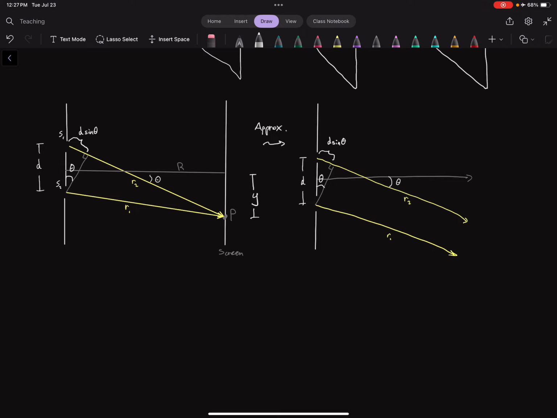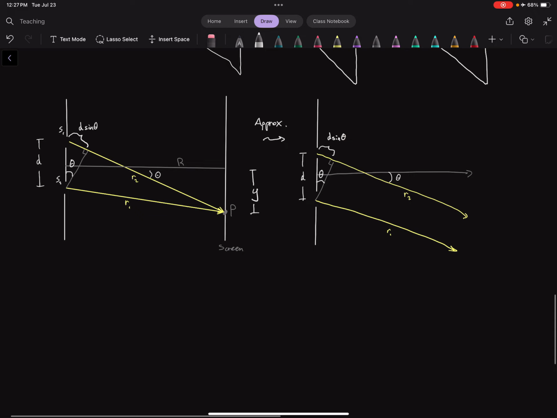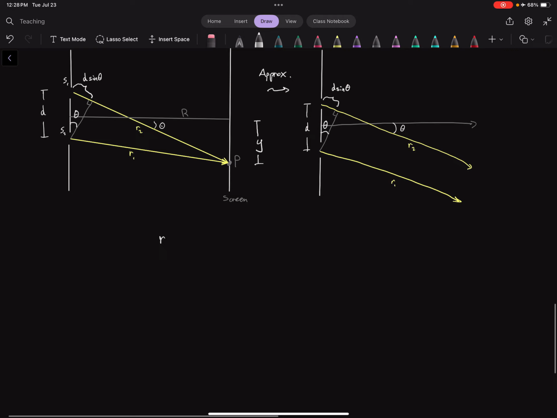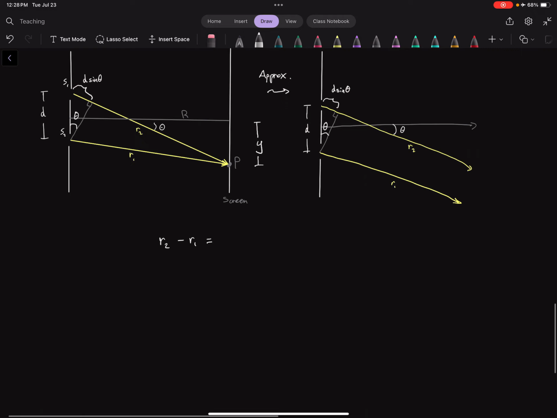Okay, and so in that case, the path length difference between R1 and R2 can be more easily defined. And we can go back to saying that R2 minus R1 is equal to this path length difference here, right? The difference from where their starting points are if they're both traveling parallel. So d sine theta.